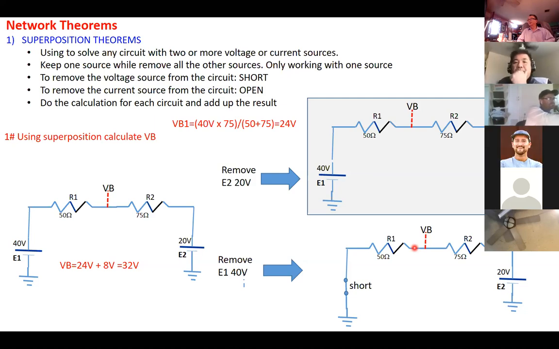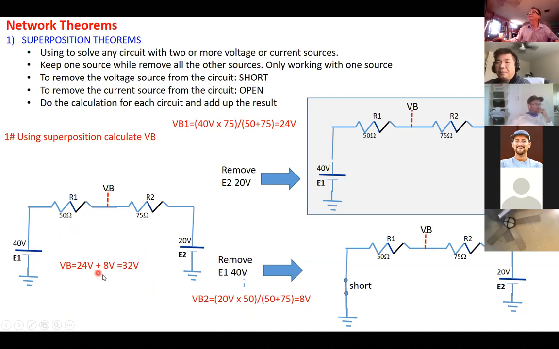Is it 8? Correct. You see that? That's how we calculate VB2. And after that, you add them up. VB equals 24 plus 8 volts, you get 32 volts.